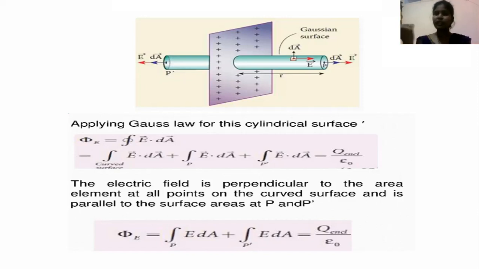This is P and P dash. The surface part, the inner part: there you have to consider a small amount of dA. So dA bar will be perpendicular to the surface, like this.